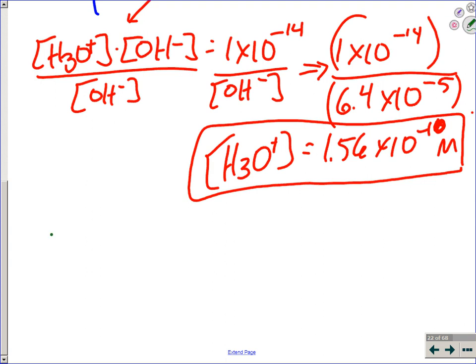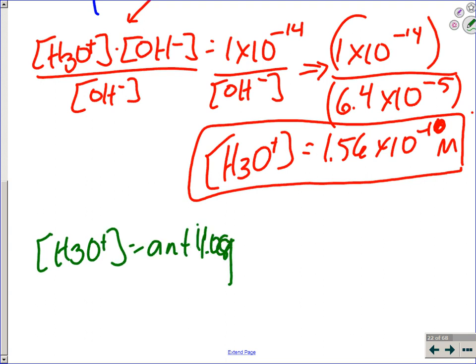The other route, using pH, would be the anti-log system. So hydronium is equal to anti-log of negative pH. The log function has a base of 10, correct? So the opposite of log is 10, because that's its base, raised to the power of whatever. So that's 10 caret negative pH.